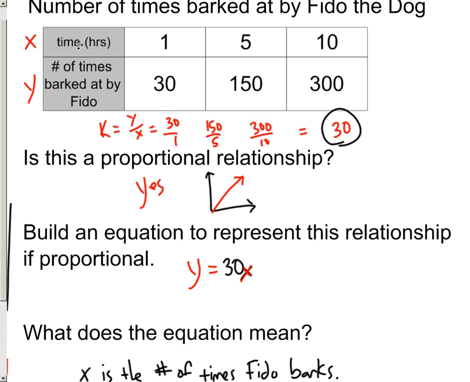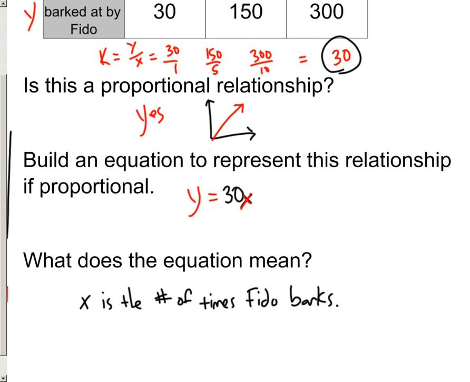This first row is your x column. So when I look at this x in the equation, it's corresponding to the x in the table. So what's it represent? And you see the dilemma that we have here. x does not represent the number of times barked at by Fido. You look at this table and you go, what's it represent? The number of hours. So let's come down here and let's fix that.